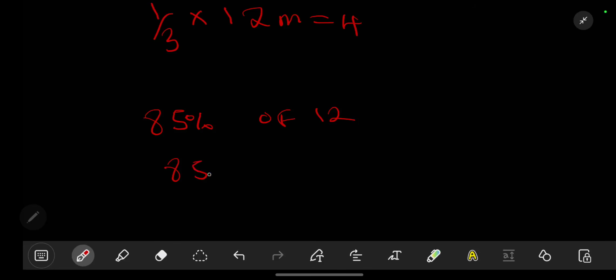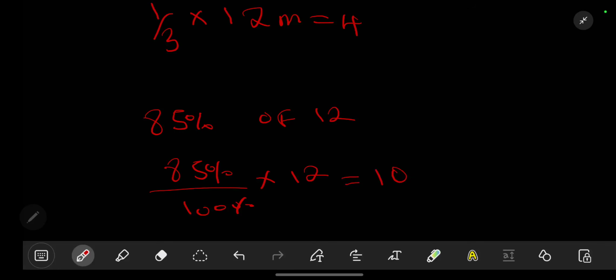A percentage is always out of 100%. Then we multiply by 12, because 12 is the maximum. What is 85% of 12? You will find that it's smaller than 12. So we have 85 divided by 100, which gives us 0.85, times our 12. This gives us a value of 10.2.